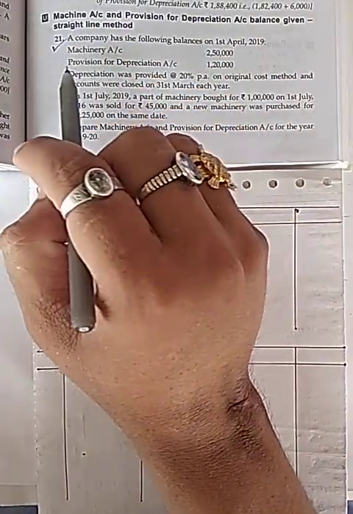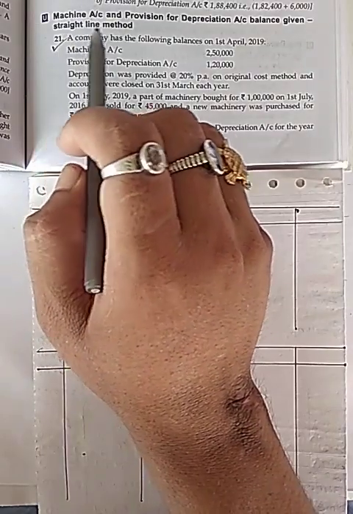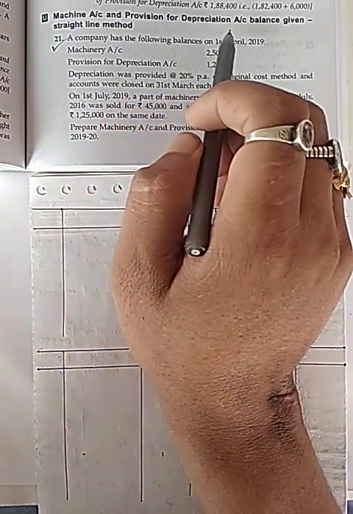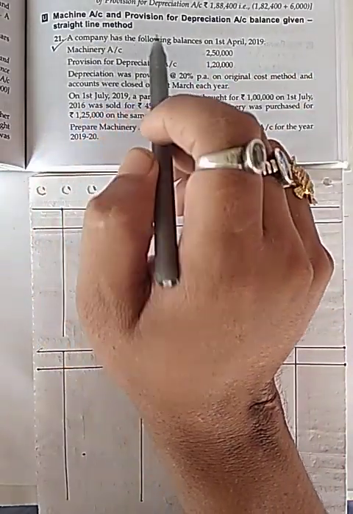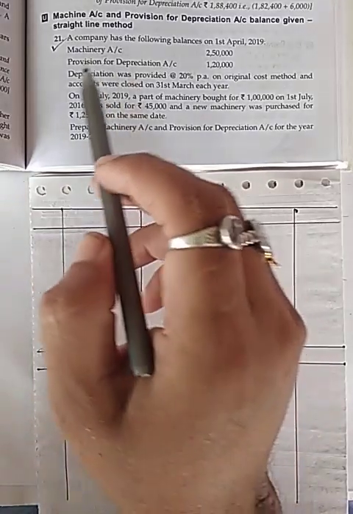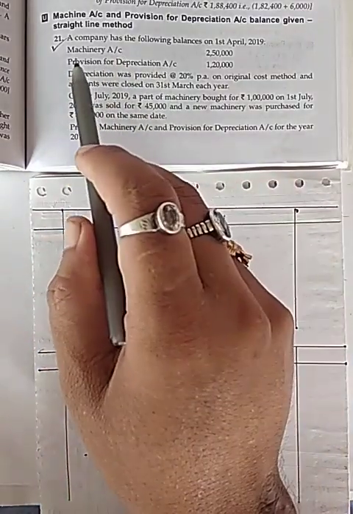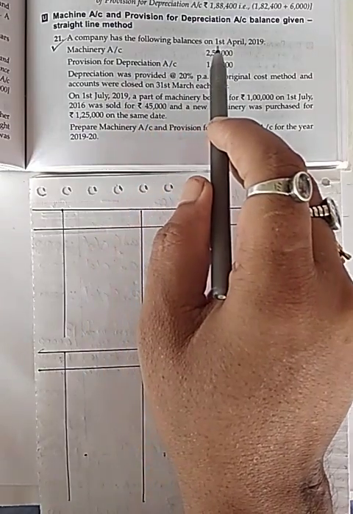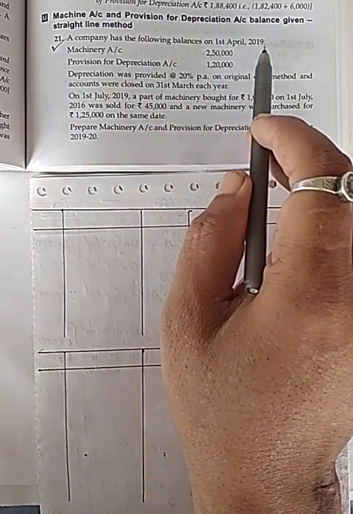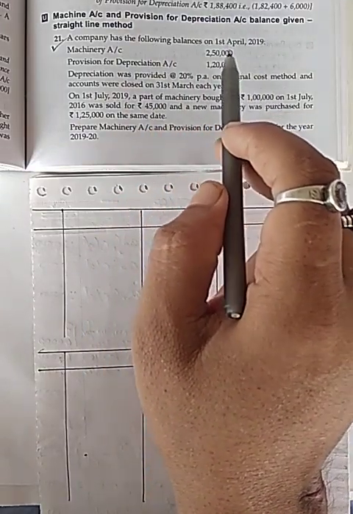This is based on machinery account and provision for depreciation account, balance given, straight line method. The question says a company has the following balance on 1st April 2019.